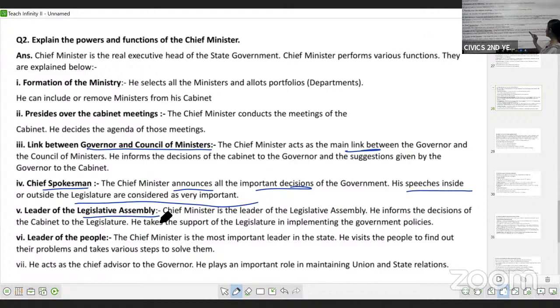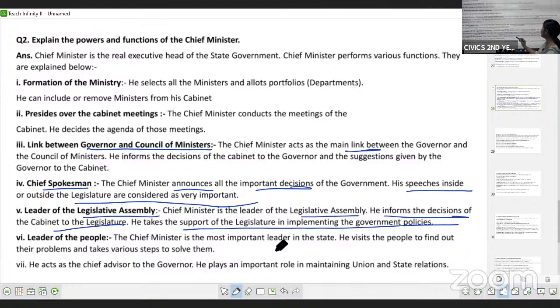He informs all the decisions of the cabinet to the legislature. As the leader of the majority party in the assembly, it is his responsibility to inform all the decisions taken by the cabinet in the cabinet meetings. He will take the support of legislature in implementing the policies of the government.